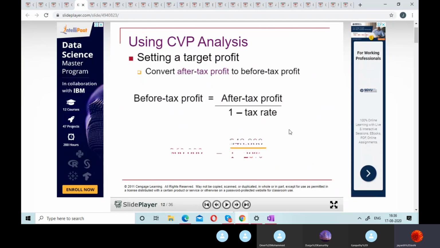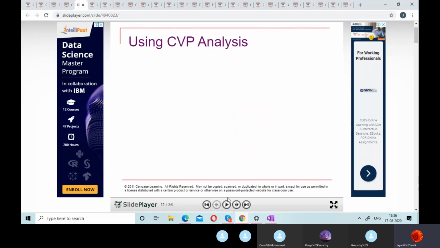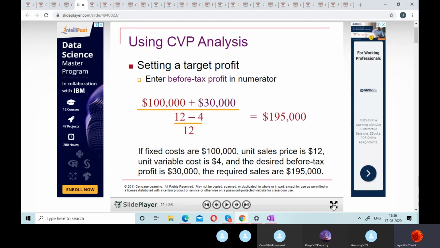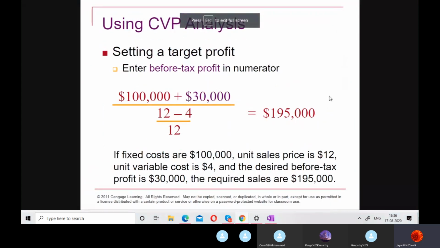Now using CVP analysis to find out the target profits. Okay, let's see, what's the formula for this? The formula is for when you want to find out your desired profit. So the question is given.